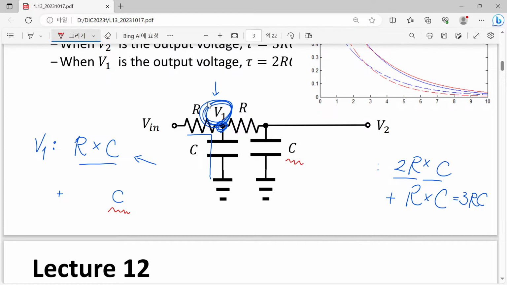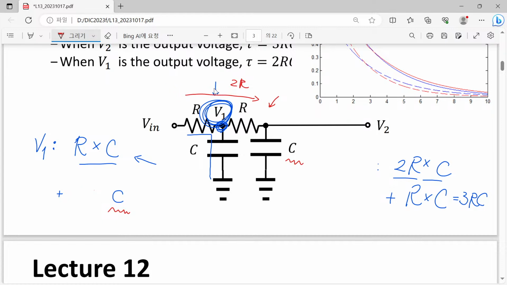So although from this voltage source to this V2 node we have 2 times RC, this is not the case for our resistance calculation.